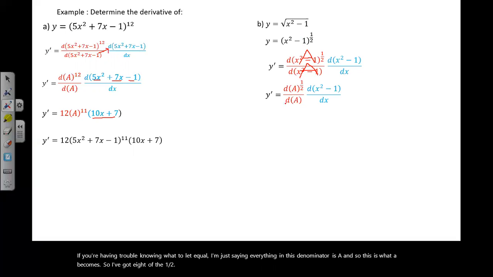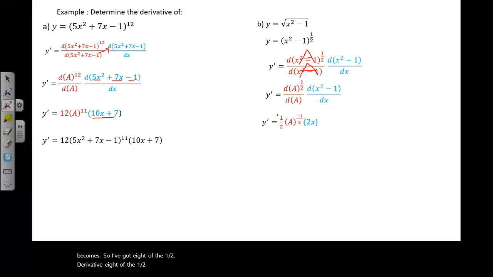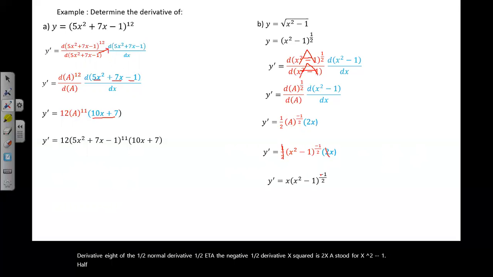Derivative of a to the 1/2, normal derivative, 1/2 a to the negative 1/2. Derivative of x squared is 2x. a stood for x squared minus 1. 1/2 of 2x is just x. And then we really don't like negative exponents. At least this part of we doesn't. So I would put it in the denominator as x squared minus 1 to the positive 1/2.